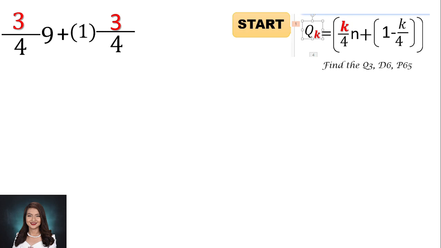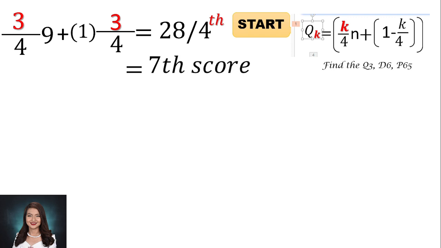And if we calculate this given problem, we get 28 over 4 score, or if we divide 28 by 4, we get the 7th score.